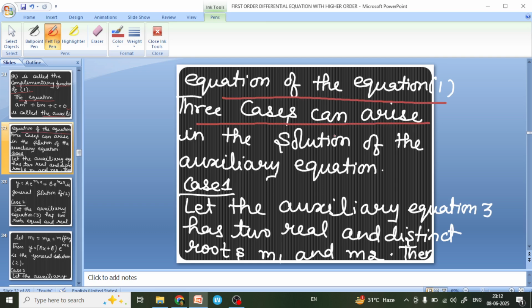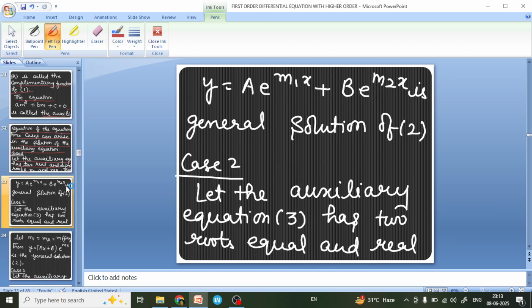And 3 cases can arise in the solution of the auxiliary equation. In the first case, let the auxiliary equation 3 have two real and distinct roots m1 and m2. Then y is equal to a e raised to power m1 x plus b e raised to power m2 x, which is the general form of the solution of equation 2.